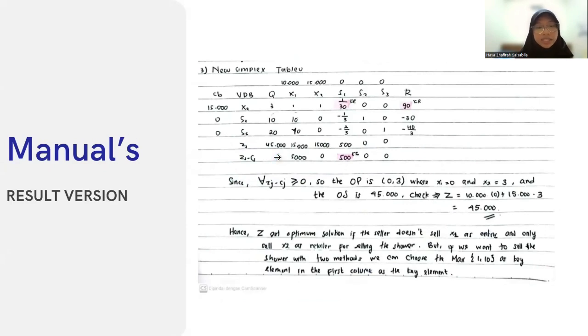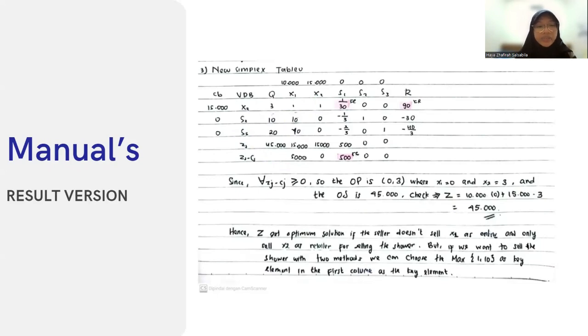And the optimum point is (0, 3), where x1 is 0 and x2 is 3. In this case, it means that the company will get the maximum sales income of 45,000 rupiah if it maximizes sales through the retailer method.